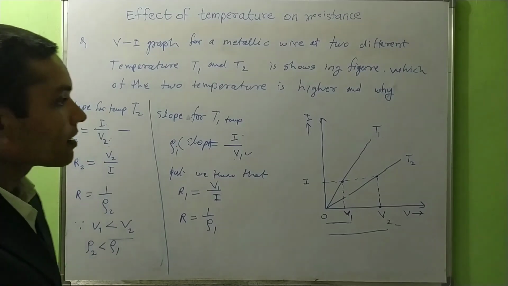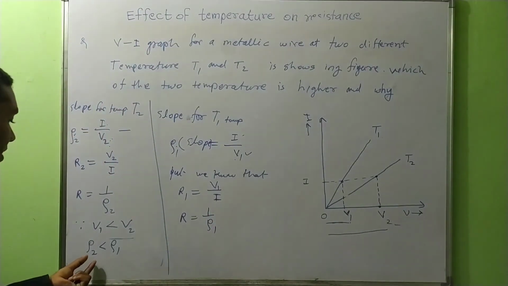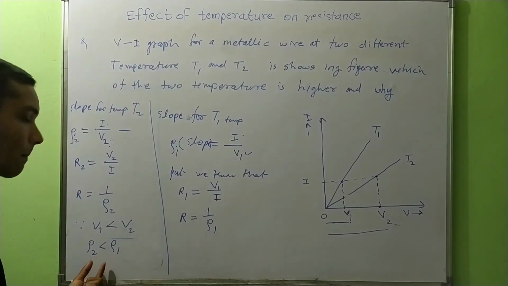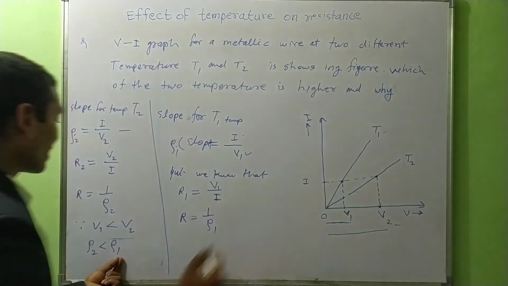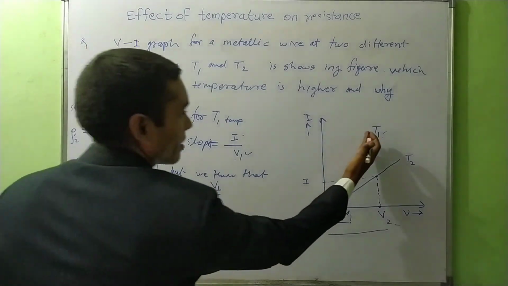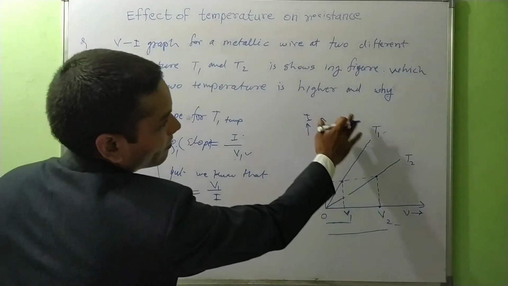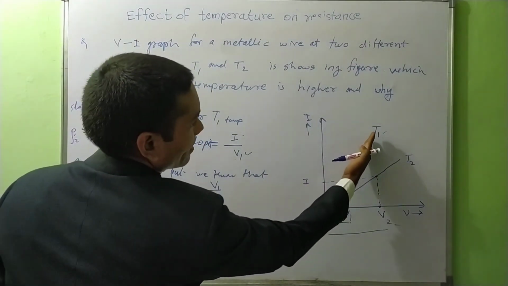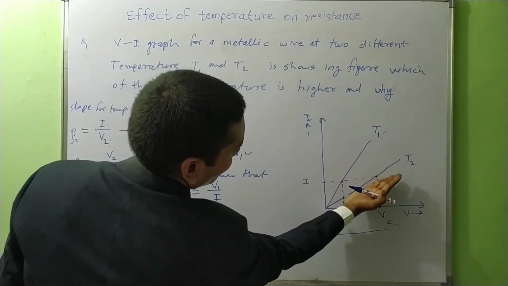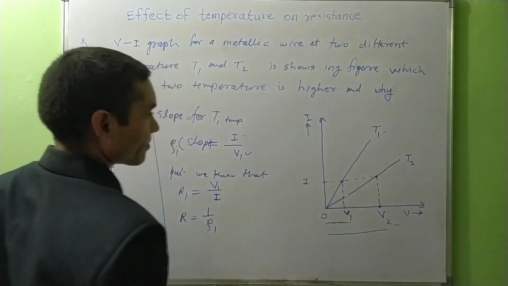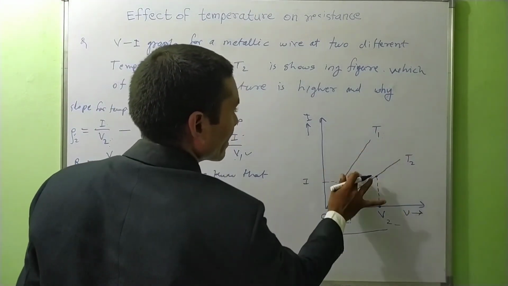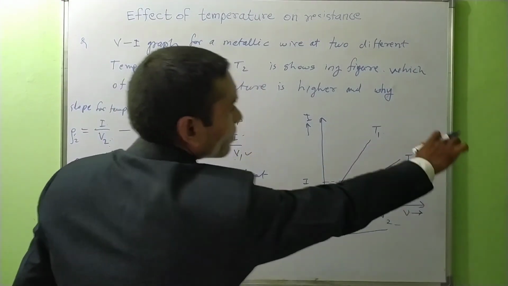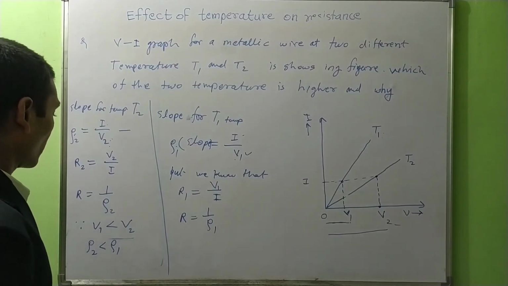Means these are the slopes. So the slope for T1 is greater. It is clear from this diagram: slope is higher, slope is less. So the slope for T1 is greater and the slope for T2 is smaller.